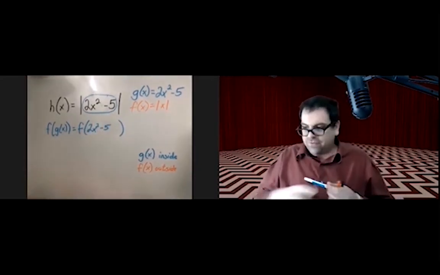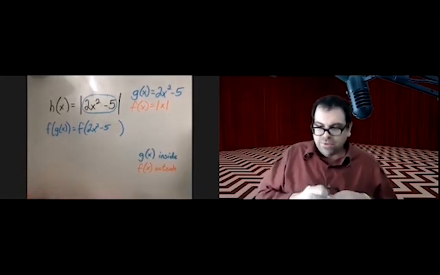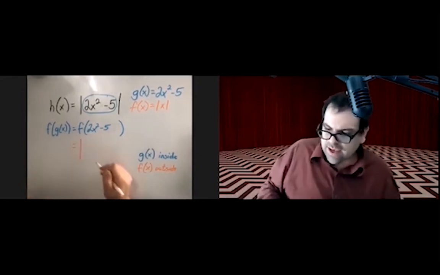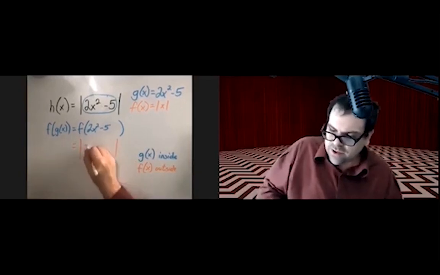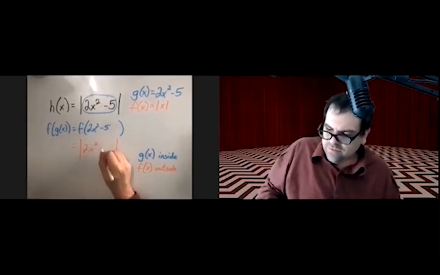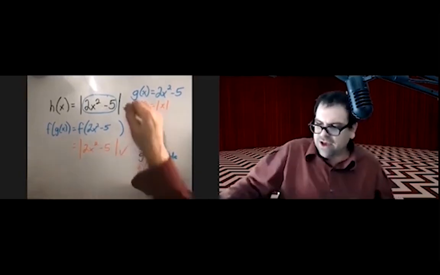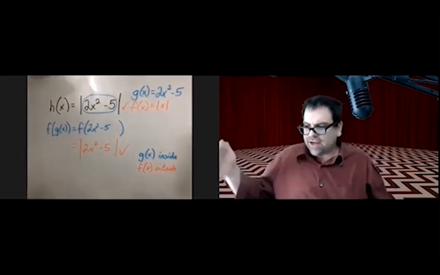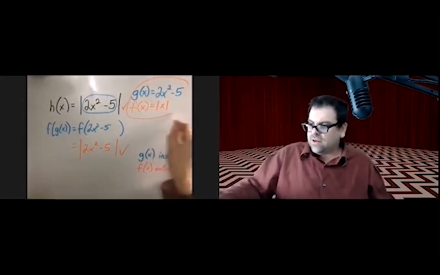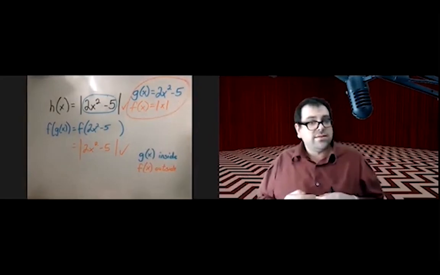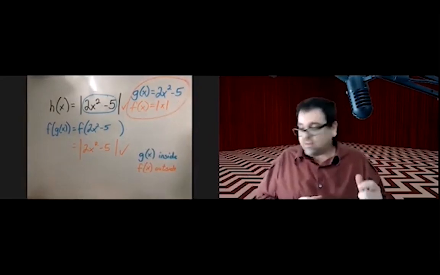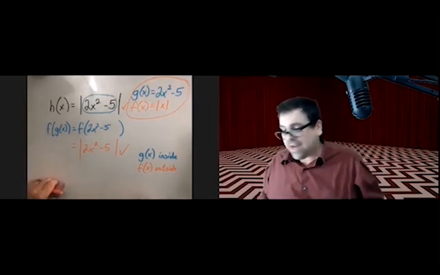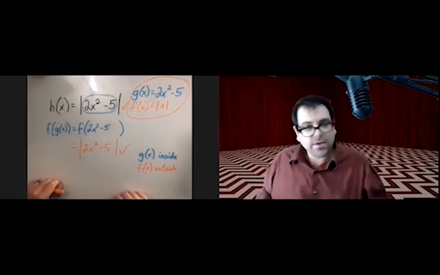Putting that inside of the function f means putting it inside absolute value. So absolute value of 2x squared minus 5, that is our h of x. So we picked the correct f and g, the correct inside and outside function. Let's do another.